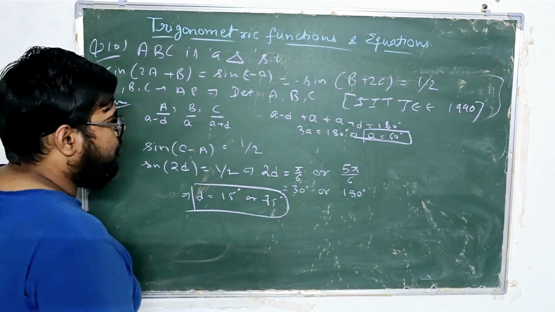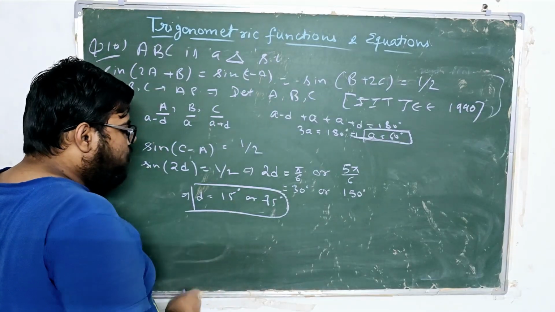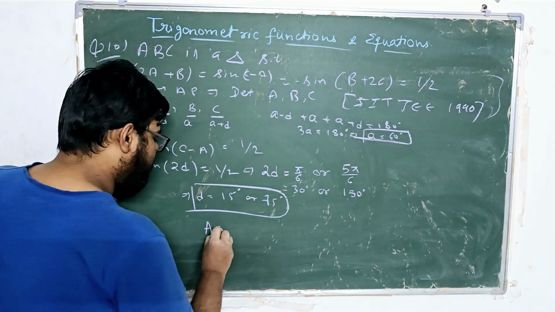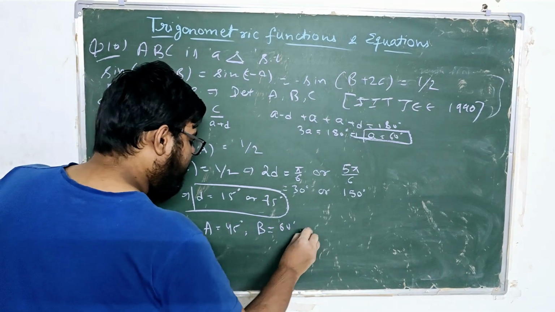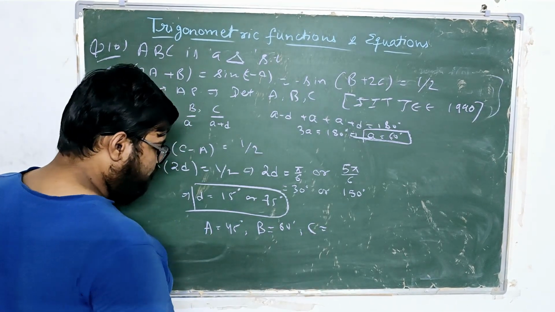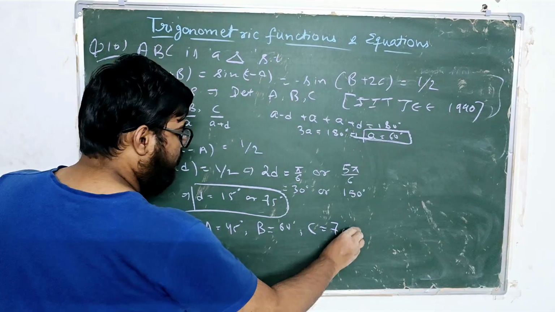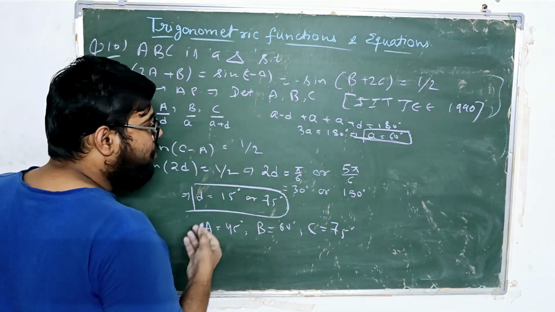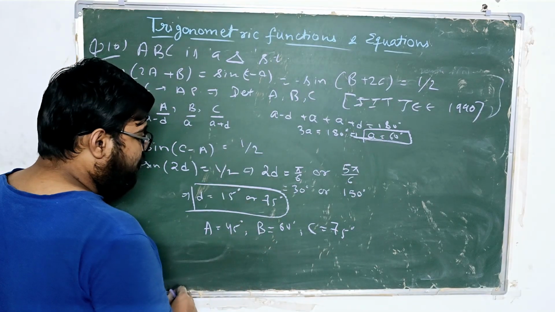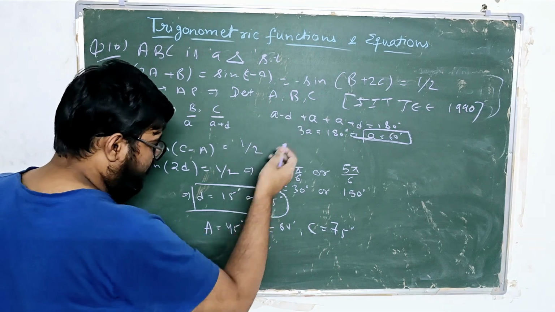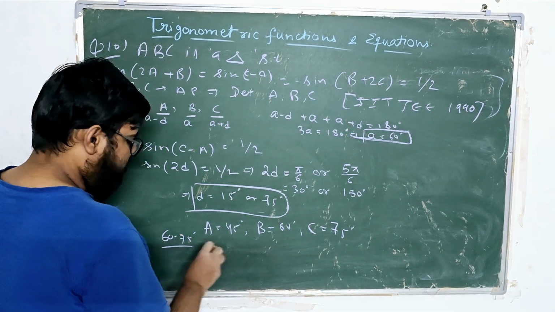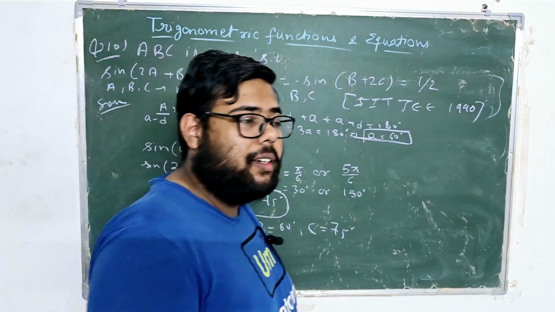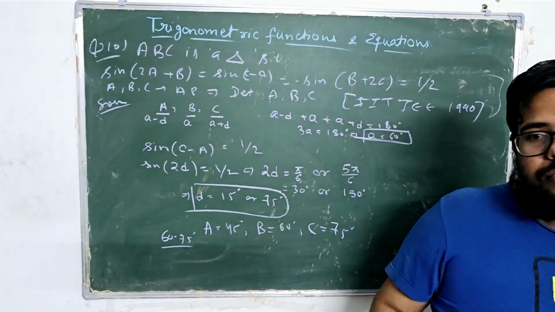So let's check now. If D is equal to 15 degree, then A is equal to 45 degree, B is equal to 60 degree, and C is equal to 75 degree. And if D is equal to 75, then we will have A minus D, that is 60 minus 75. No, negative angle is not possible because we have assumed that all the angles are positive, right?